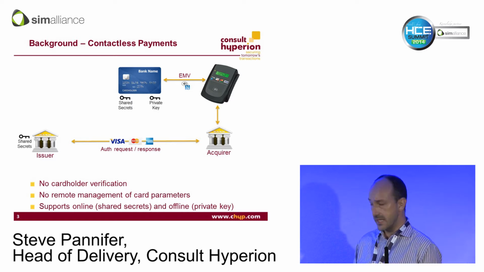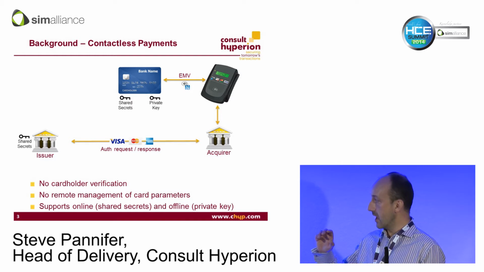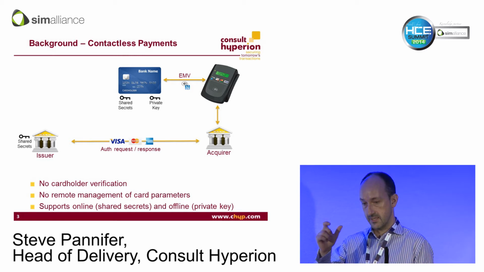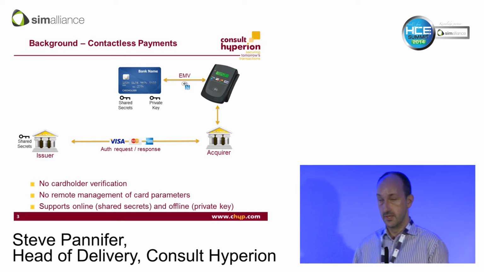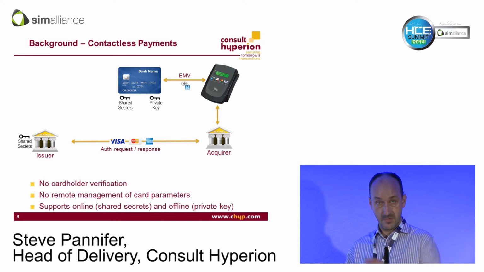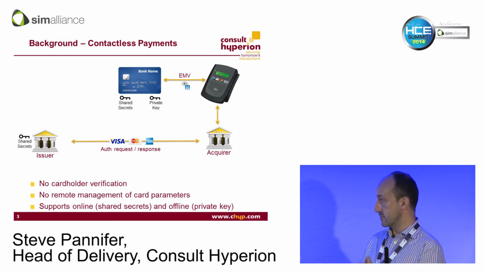The second thing to say is that if it's a contactless only card, for example the Barclaycard pay tag sticker, you have no way of managing the risk parameters inside that card that control its usage. For example, there might be some limits about the amounts that you can spend. You have no way of managing those remotely because there's no interface for doing that.